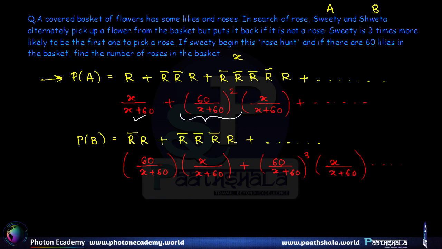So again it's an infinite GP with the first term as this and the common ratio as 60 upon x plus 60 square, the whole square.